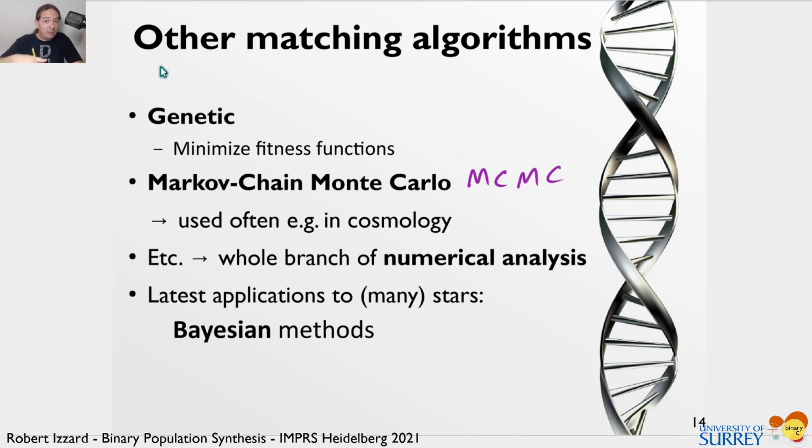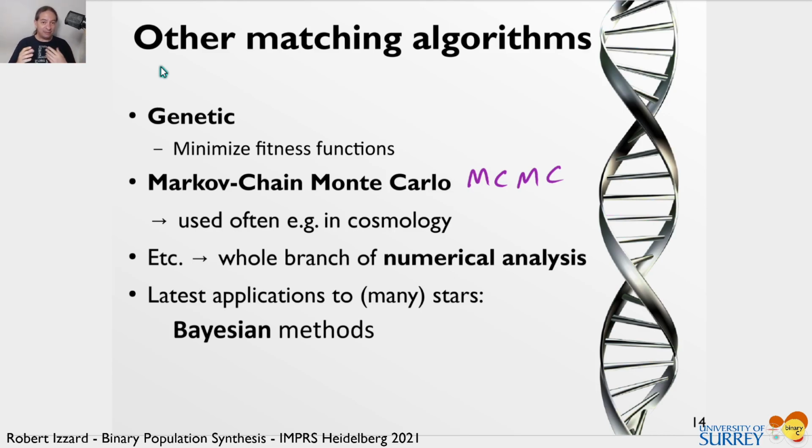It's similar to the amoeba, but it involves a much smarter way of guessing what those vectors are as you move down into the minimum. This was often used even 20 years ago in cosmology. It's now used much more often in computing, for example, how good the match is between single stars and stars that you see in the sky, that kind of thing. It's a whole branch of numerical analysis, of course, to determine how good these models are.